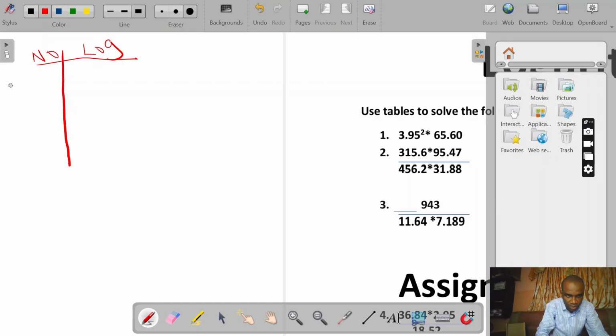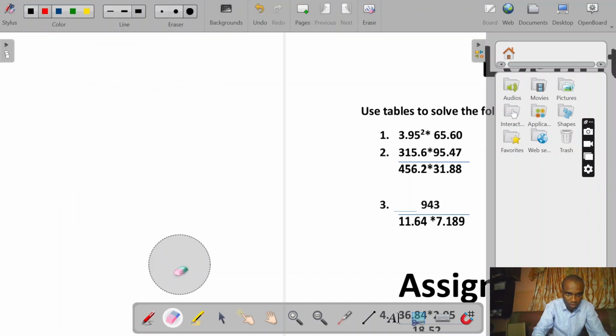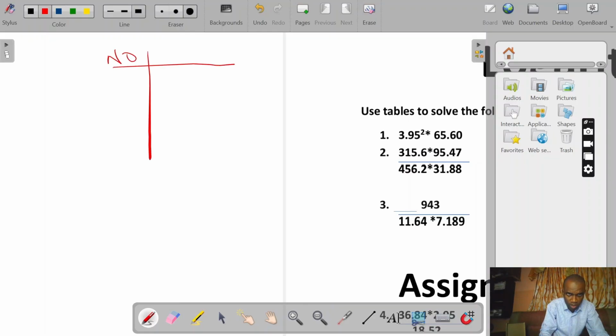We have 315.6, then we have 95.47. So we have our number and our log here, 315.6 here, and 95.47. So we'll solve the numerator first.